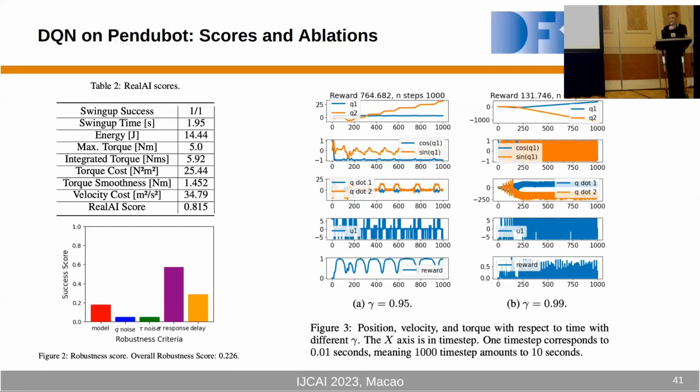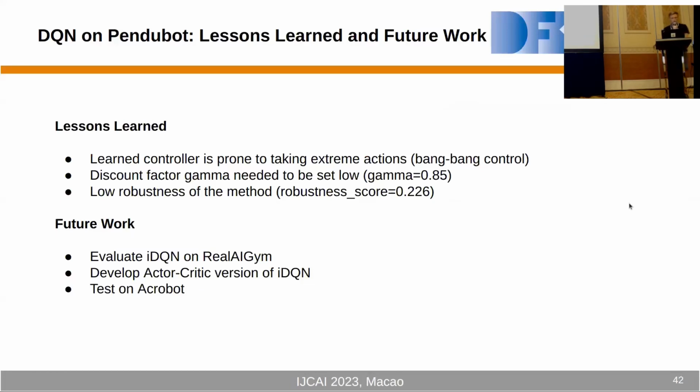So from this brief look at the problem, we observed the bang-bang control, the effect of the discount factor, and the very low robustness. Now, to actually make it work, there are a few steps required. For one, we would be glad to have iDQN, not just DQN, on the RealAIGym.